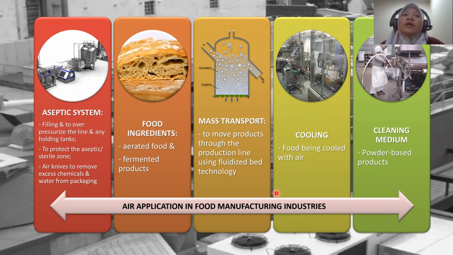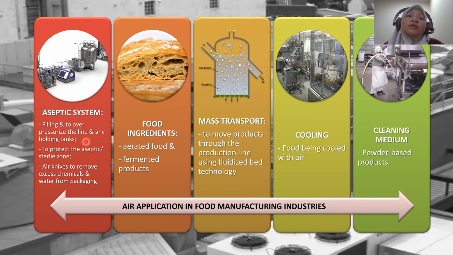Air in the food manufacturing industry has a wide application. In aseptic systems, air is used for filling, and to overpressurize the line and any holding tanks.